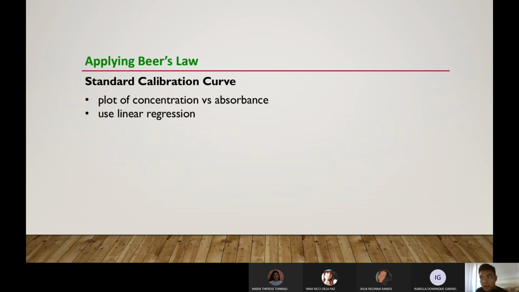So what we do in standard calibration curve, we create a curve, this time that is related to absorbance and the concentration. On the vertical axis, you will have the absorbance, and on the x-axis, you will have your concentration. So, ang mangyayari kasi, the higher the concentration is, the higher the absorbance will be. And we expect it to have linear relationship now.